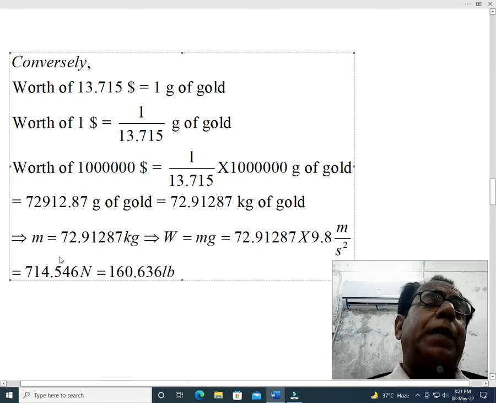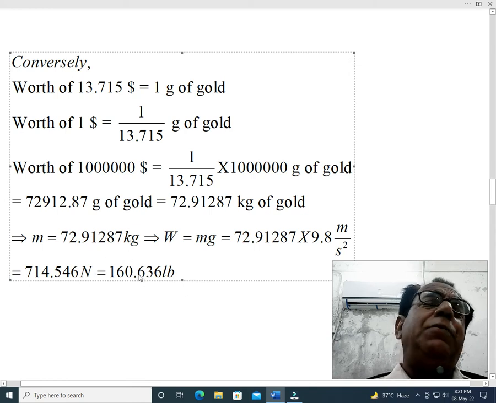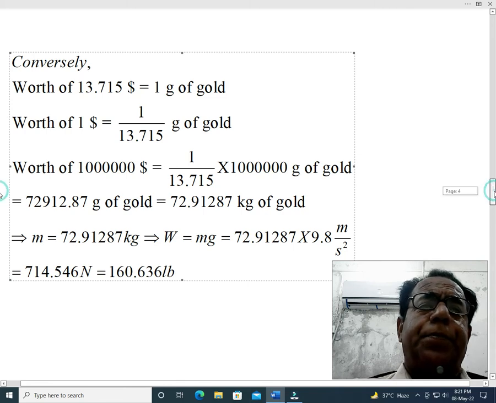So this has become equal to Newton. However, here we have used the conversion factor. We have used such conversion factors so many times that there is no need to explain this step, that so many newtons are equal to so many pounds. To this extent our problem is quite clear.